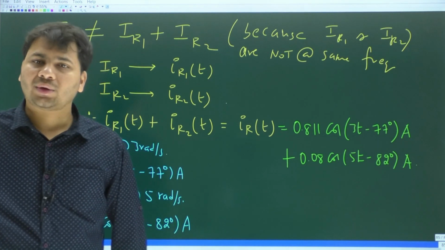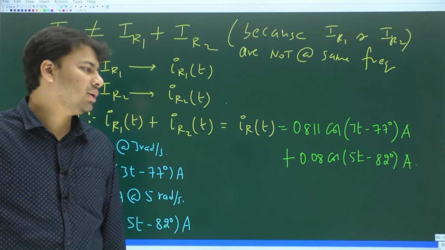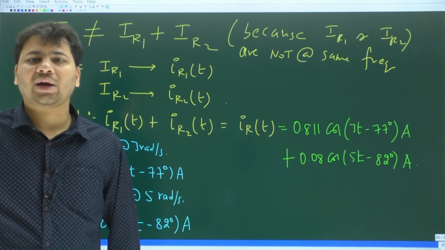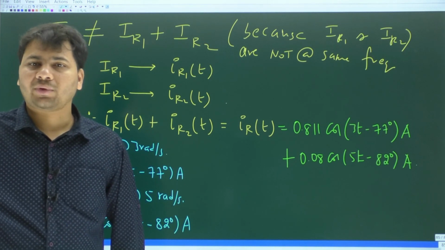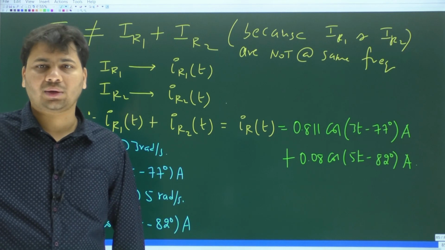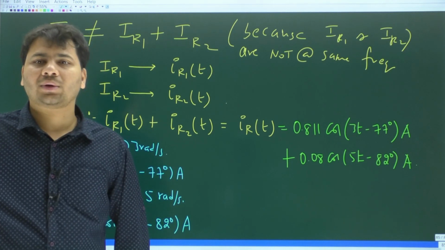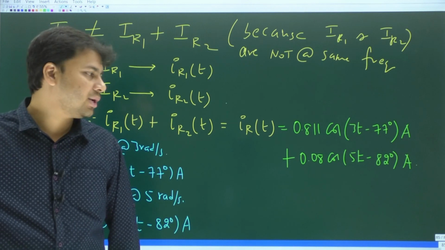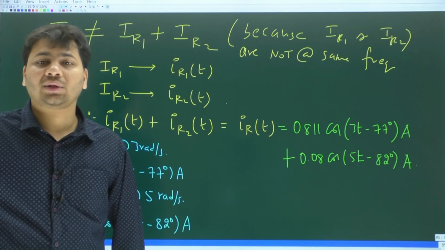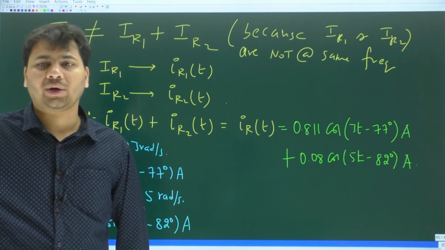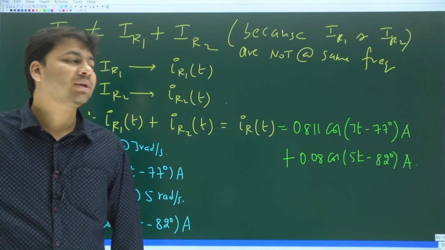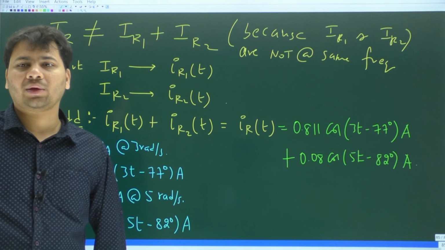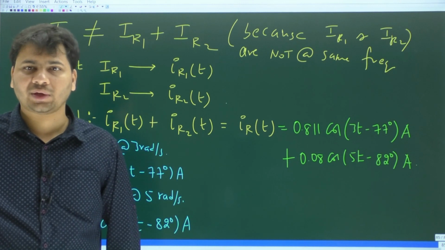But then because the sources are not at the same frequency, in the end we cannot simply add the various phasor currents through that resistor. Instead, we should convert each and every phasor into its time domain representation and add the results in the time domain but not in the phasor domain, because both the phasors in this case are not at the same frequency. You cannot simply add the two phasors.